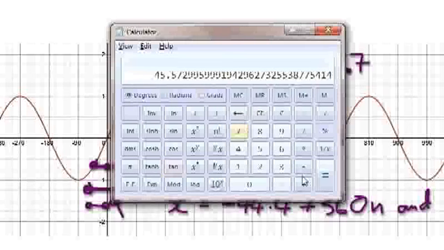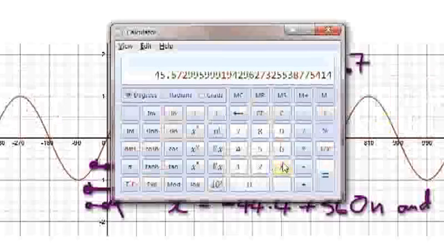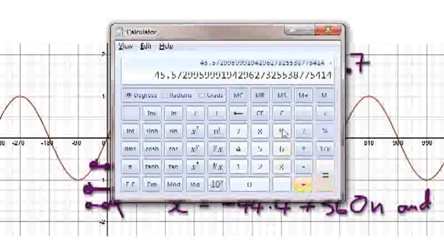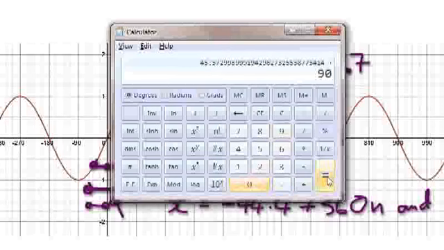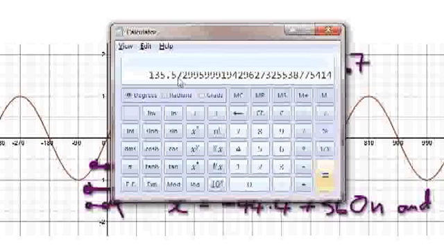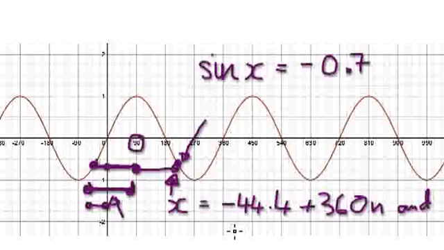So I add another 90. This point here will be 135.6.